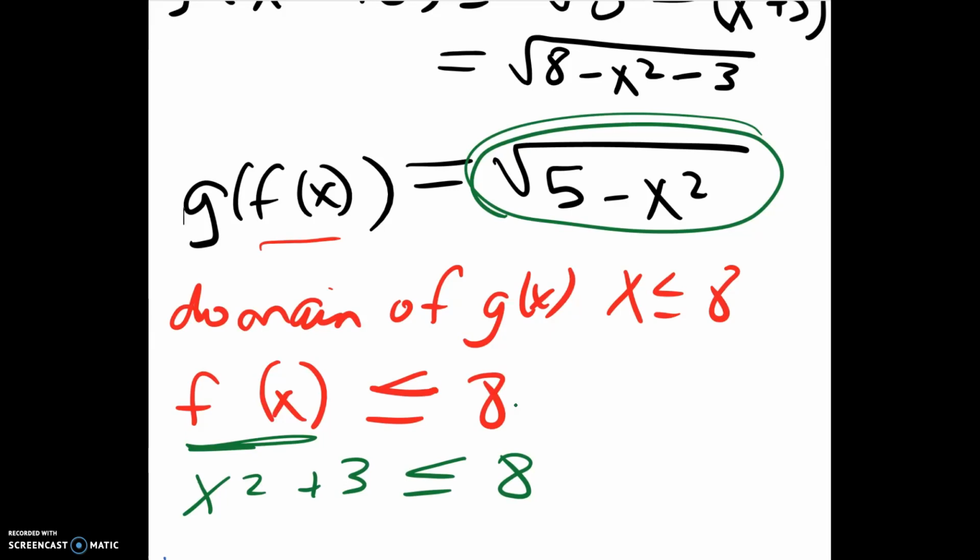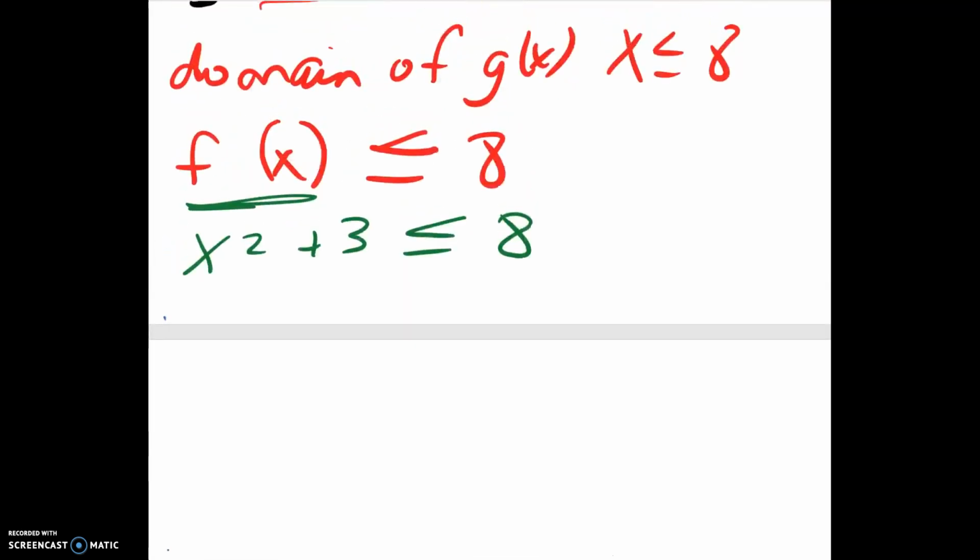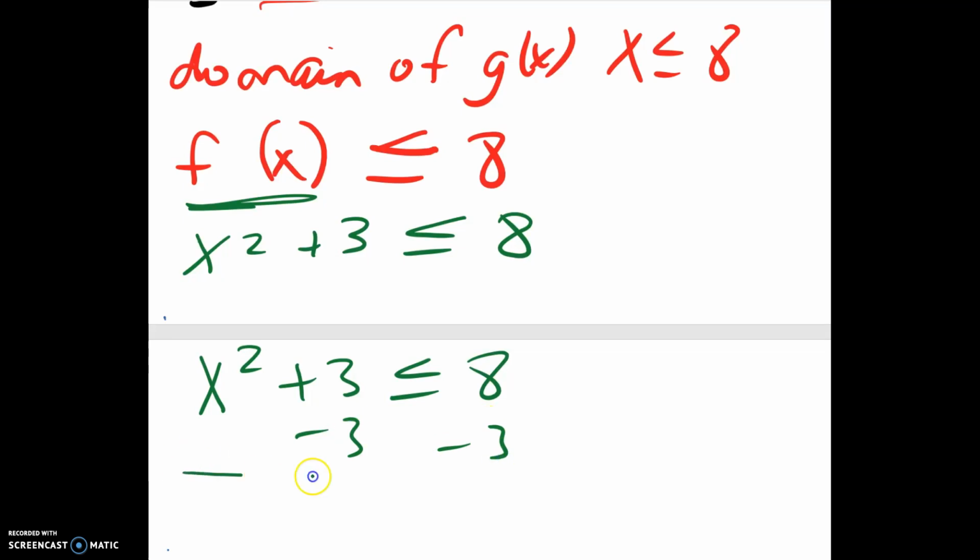And now we just solve this inequality. So when we're solving this inequality, subtract 3 from both sides, and we find that x squared needs to be smaller than or equal to 5.